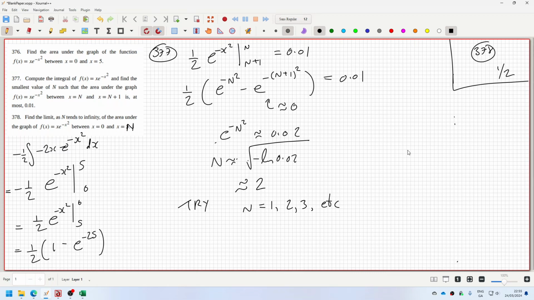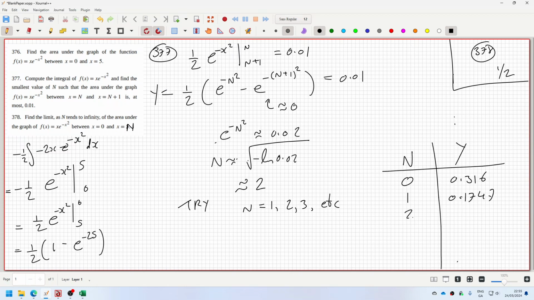Yeah, so if I was to make a table here of n, and if I just call this temporarily y, so when n is 0, I'll get 0.316. When n is 1, I get 0.1747. When n is 2, I get 0.009. When n is 3, I get 0.00006.